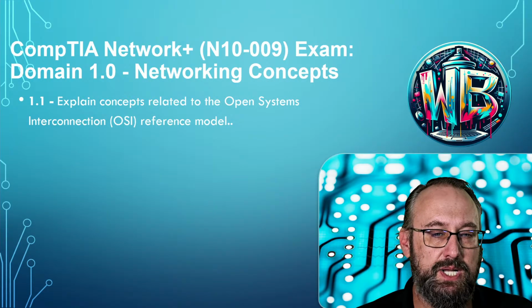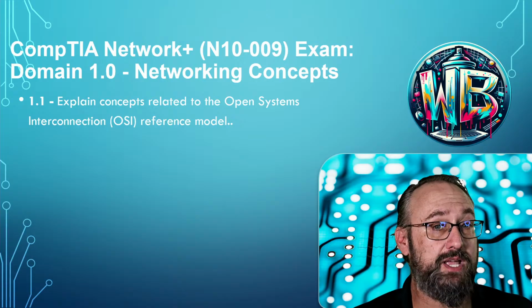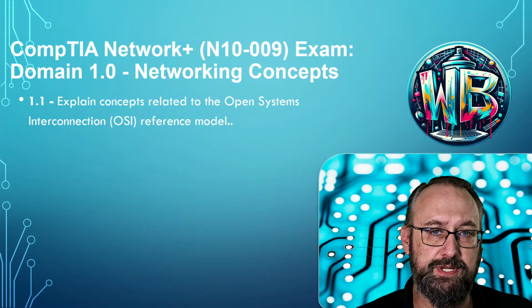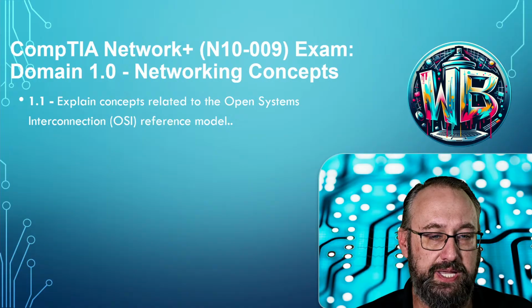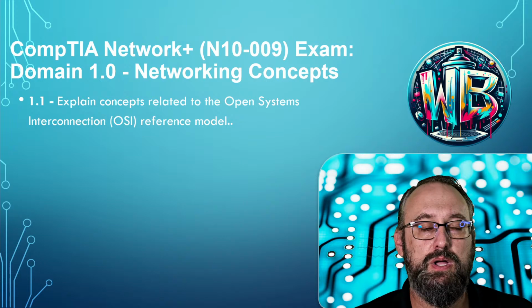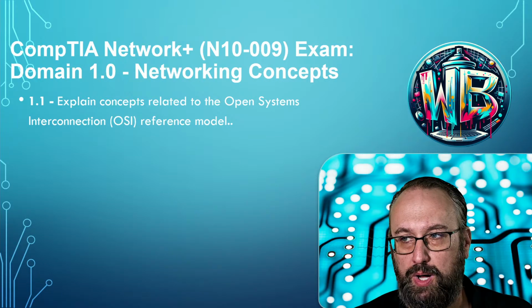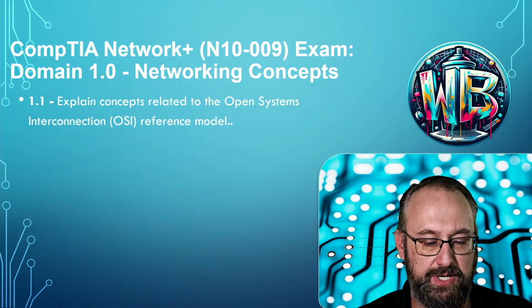That's right, the ISO's OSI. God, I love mirror opposite acronyms there, right? The International Organization for Standardization developed the OSI model, the reference model. Domain 1, objective 1.1 is something you're going to have to know about.